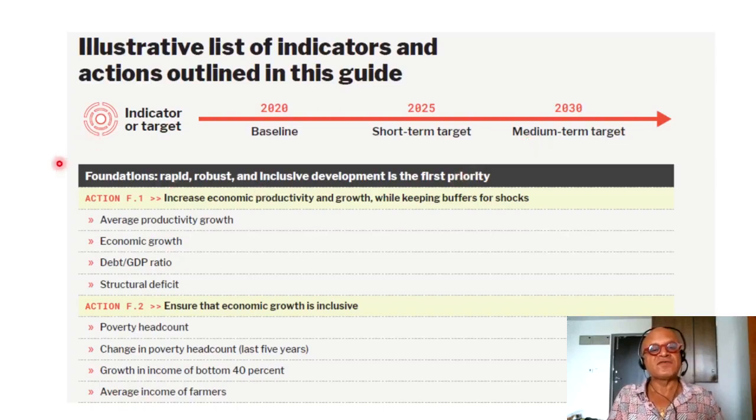So let's start with the first section, which was on foundations, where we wanted rapid, robust and inclusive development being the first priority. Under it, action F.1 was to focus on increasing economic productivity and growth while keeping buffer for shocks.